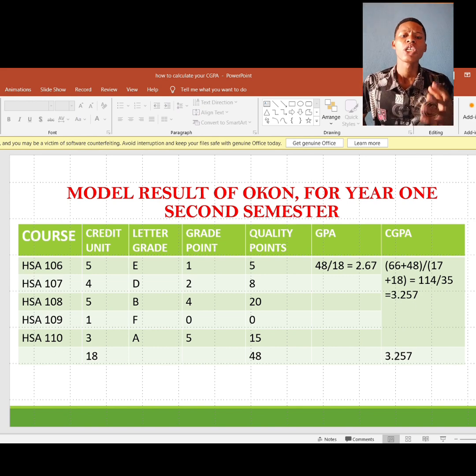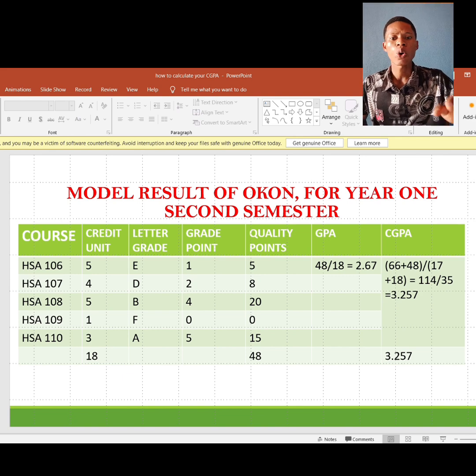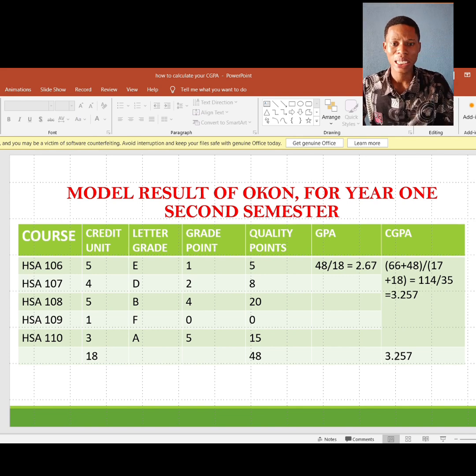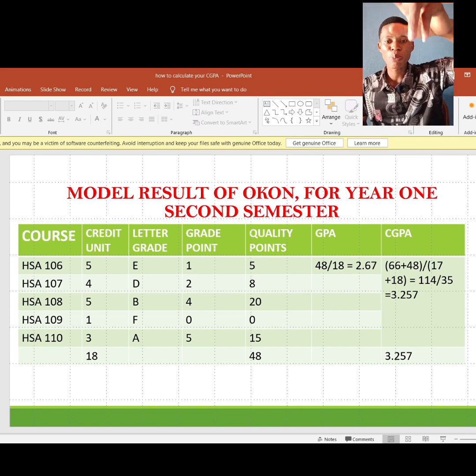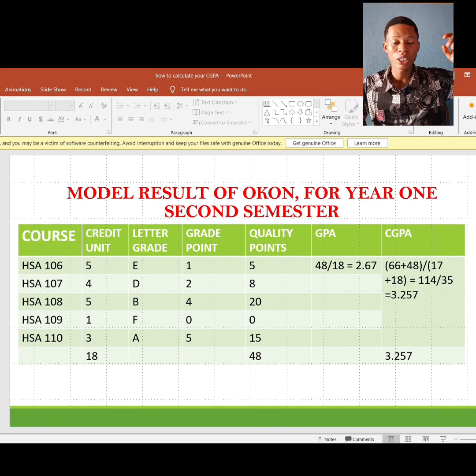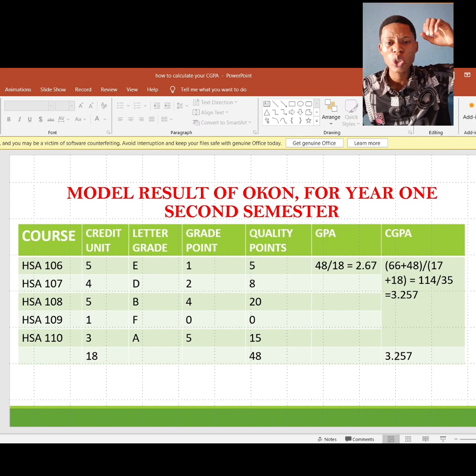So if you are to calculate the person's CGPA till final year, you have to know the quality points for all the semesters. Then you add up all the quality points from first semester, year 1, year 2, year 3, year 4, year 5, anywhere you reach. Then you divide by the total credit unit from the beginning to the ending.